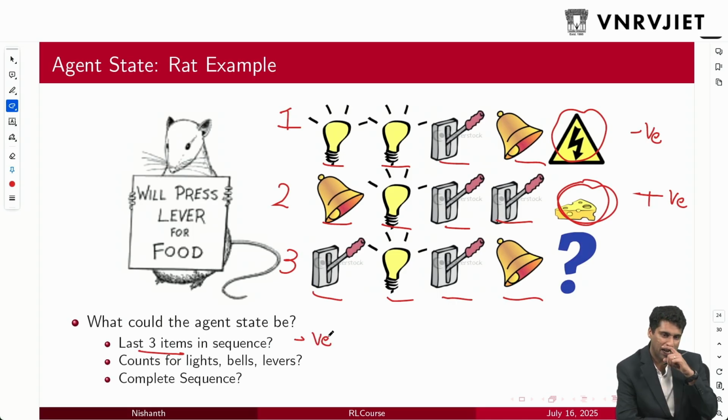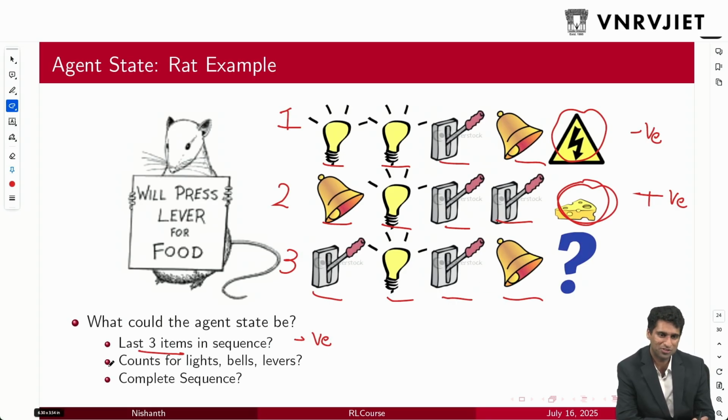Now, if the rat is just counting the number of bells, levers, and light, then the count actually matches with episode 2. Episode 2 has 1 bell, 1 light, and then 2 levers, right? And episode 3 also has 2 levers, 1 light, and 1 bell.